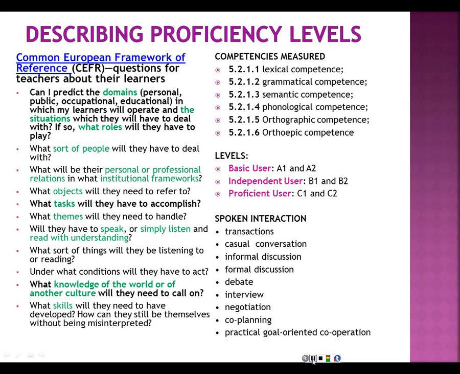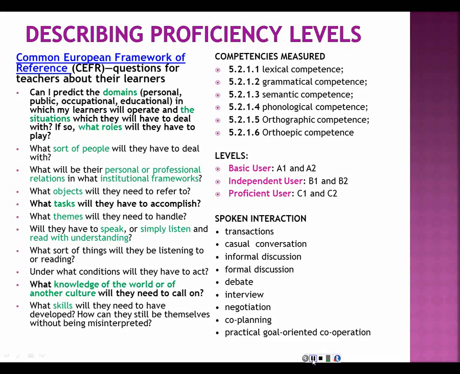So again, this looks beyond the personal, goes into the public domain, future occupations, educational, etc. What sorts of people do they have to deal with in these situations in terms of personal, professional relations within the institution? And you may review the remainder of the questions that teachers need to ask themselves about the learners in order to figure out the learner's needs.